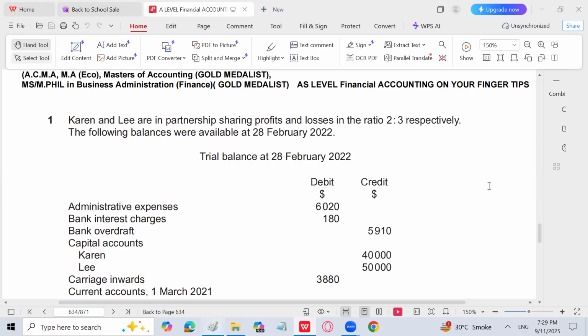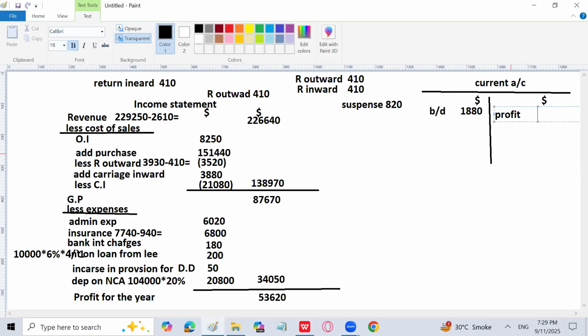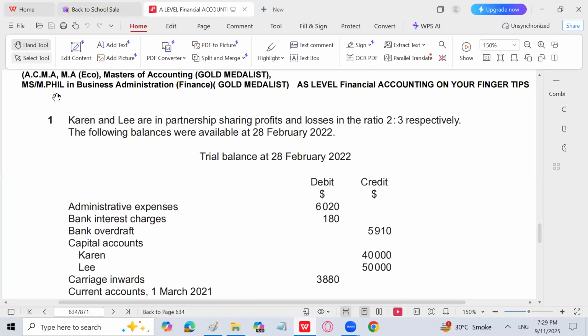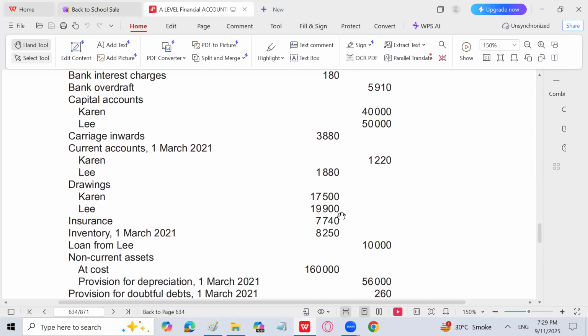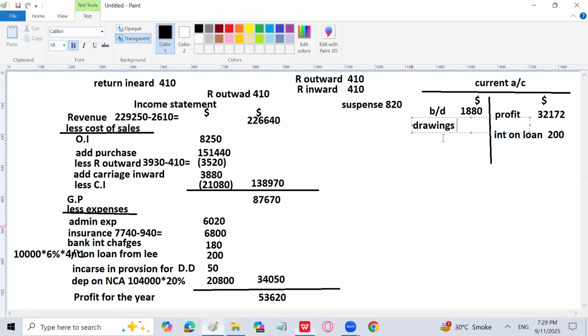So let me write here profit share of Lee, 32172. Then here comes interest on loan. Yes, that will come on the credit side of the current account of that partner who has given the loan. So interest on loan is basically 200. That will also be credited. Here comes interest on drawing and drawings. There is no interest on drawing currently, but drawings are obviously given in the question. Drawings of Lee is 19,900. So I will write here 19,900.